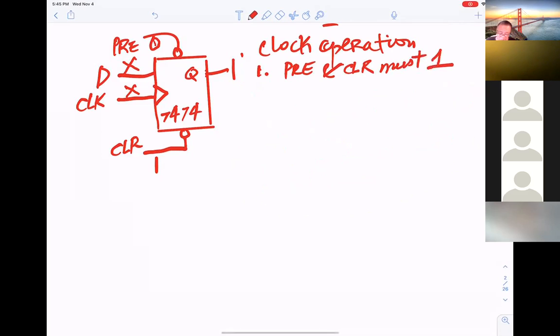Number 2: Q equals D when the clock goes from 0 to 1.